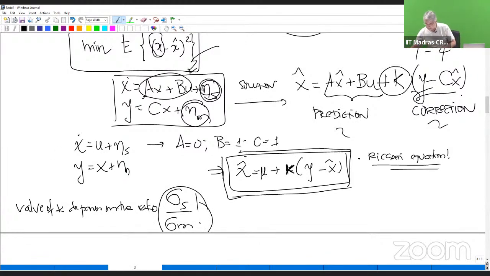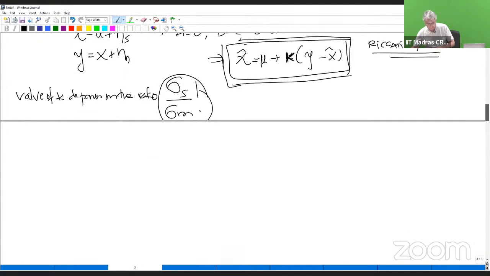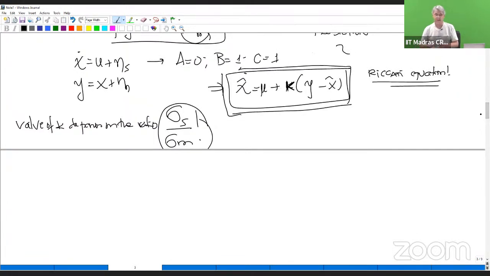And now that's where the intuition comes into play, and it's very important to bear this in mind when you do the design of an even more complex filter. If sigma m tends to 0, this means that when you are measuring it, you are measuring with very good precision.